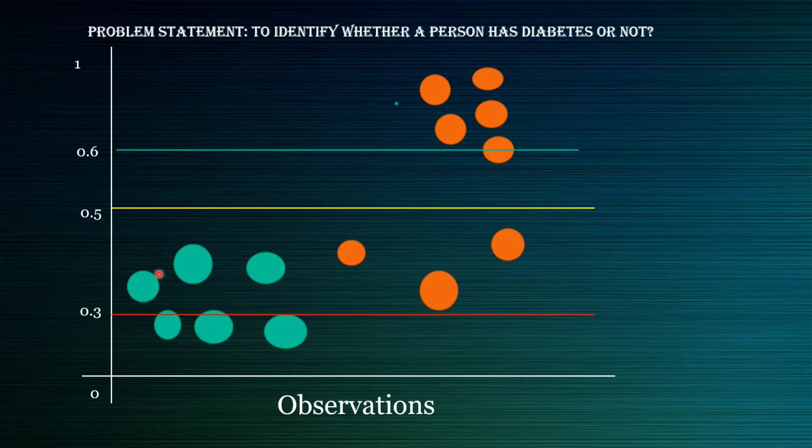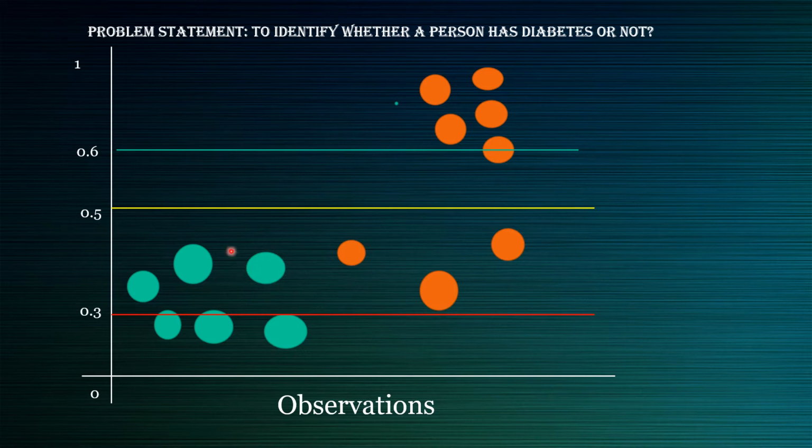Now, how will we overcome such a scenario? We can overcome such a scenario by reducing the threshold. Now when the threshold falls to 0.3, your true positive increases. Now all the orange dots are classified as people having diabetes. But you have a catch over here. Your false positive also rises.